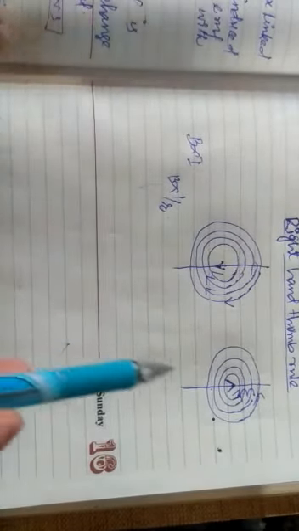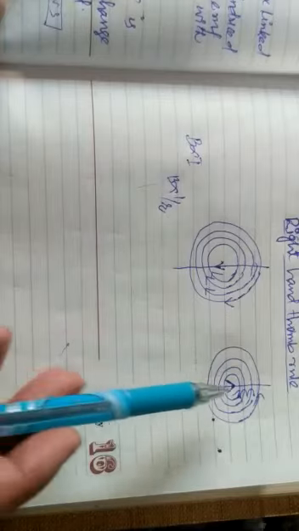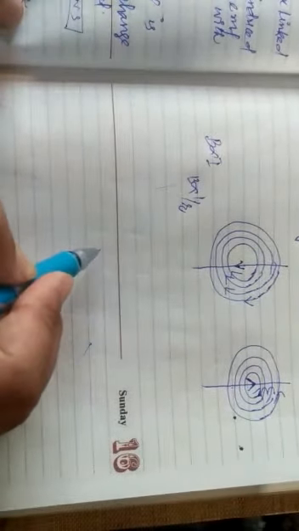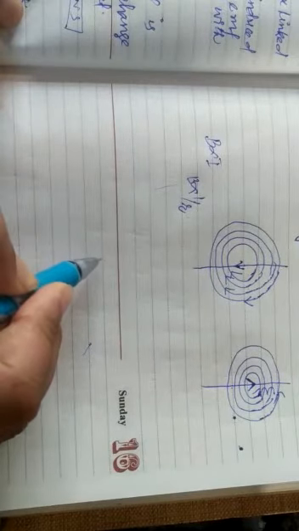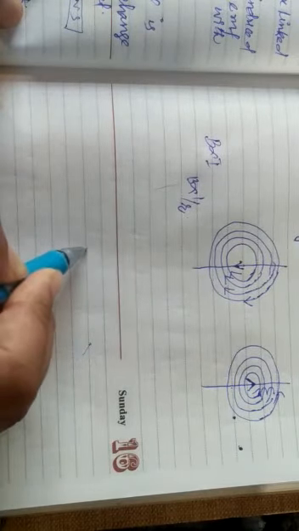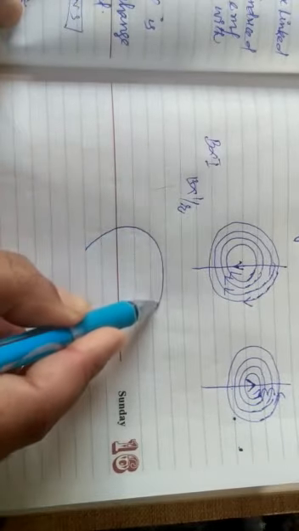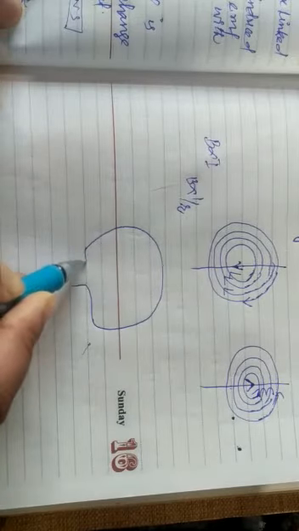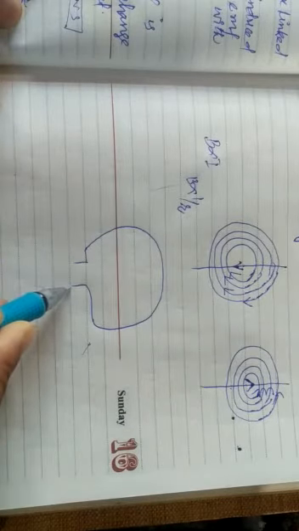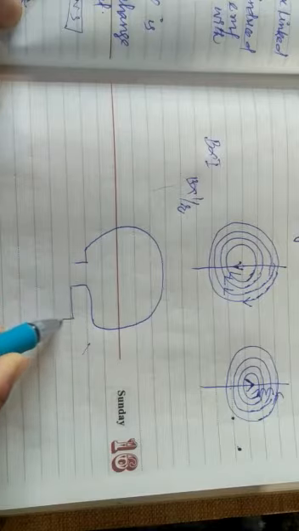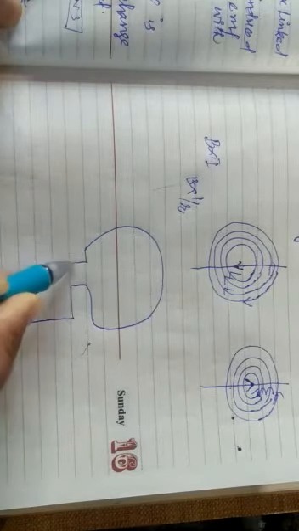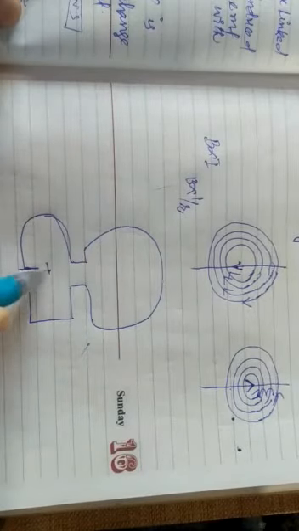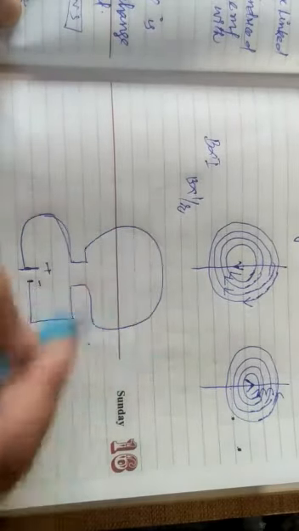Now instead of this straight conductor, if we mold this straight conductor into a loop like this, imagine, and somehow this is the direction of current, this is negative, this is positive, and this is the loop.